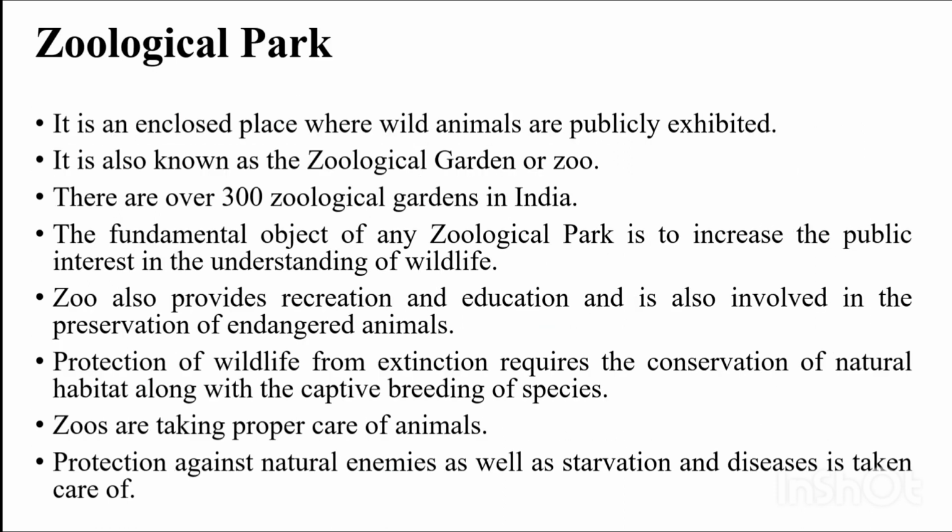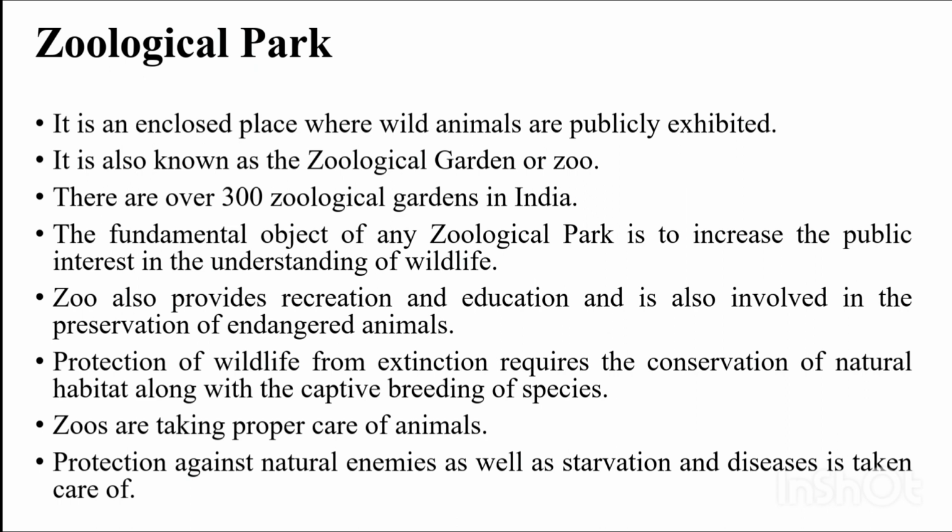Then the zoological park. It is an enclosed space where wild animals are publicly exhibited. It is also known as a zoological garden or simply a zoo. There are over 300 zoological gardens in India. The fundamental object of a zoological park is to increase public interest in the understanding of wildlife.